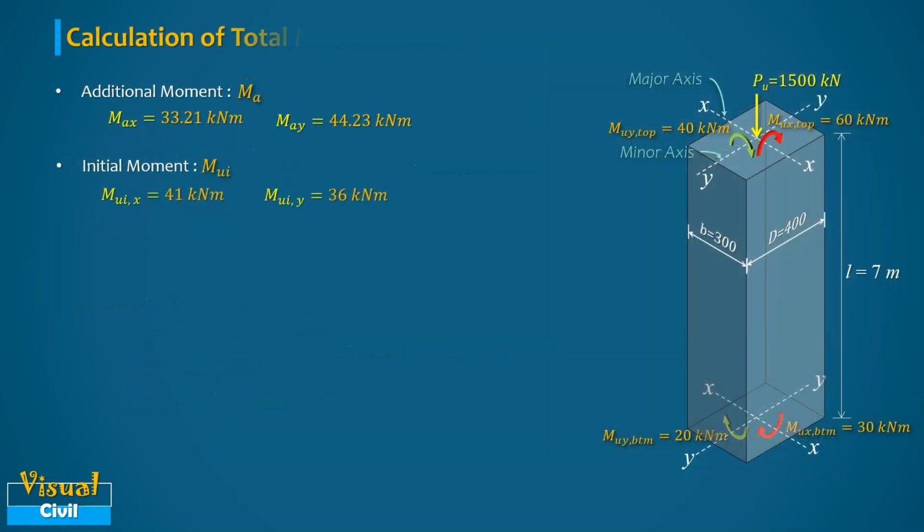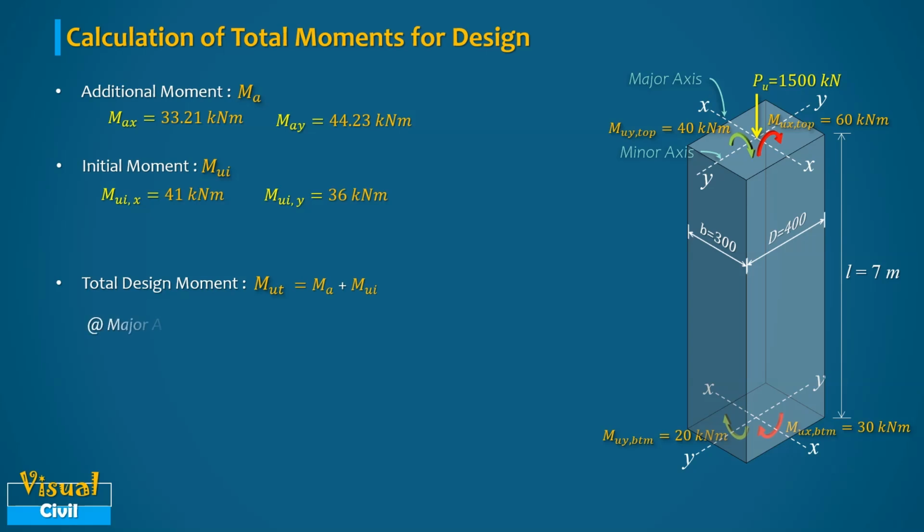Next, let us compute the total design moment by summing the initial and additional moments. As a result, the total design moment about the major axis, denoted as MUTX, equals 74.21 kilonewton meter. This value exceeds the larger acting moment of 60 kilonewton meter at the top about the same axis.